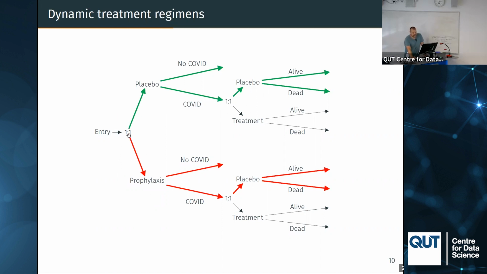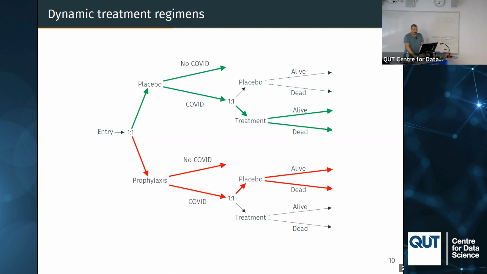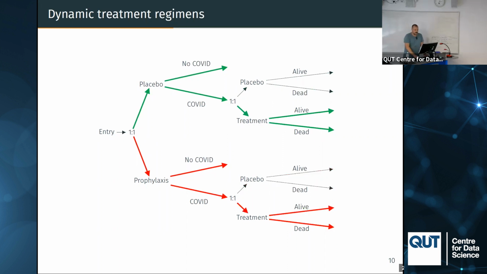In the red case, it's a similar sort of thing, a little different: give prophylaxis. If they get COVID, give placebo. And we can have different dynamic treatment regimens. None of these are necessarily optimal, and so what we want to do is find what is optimal.